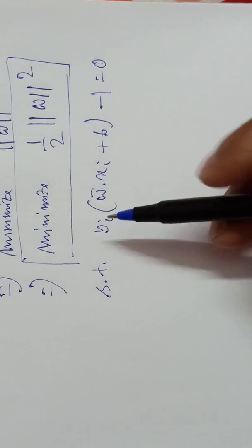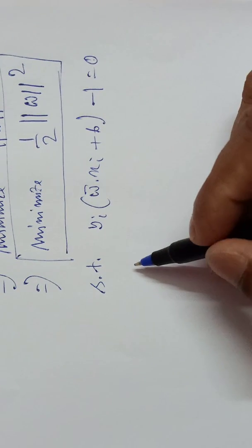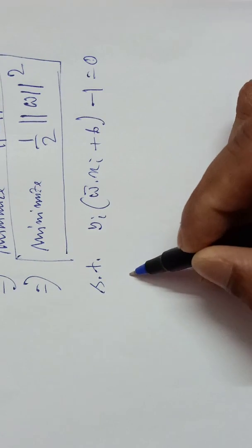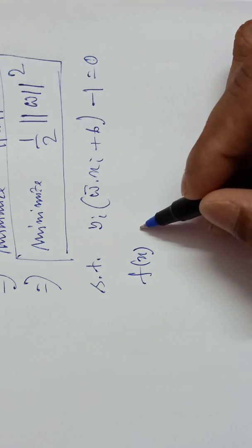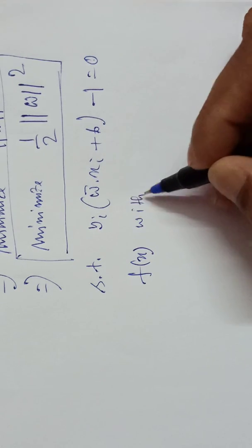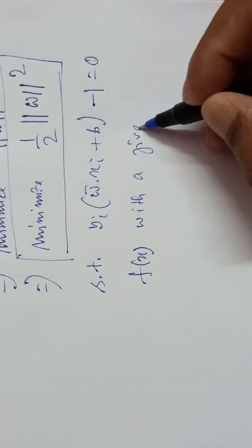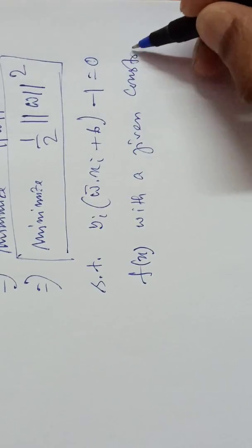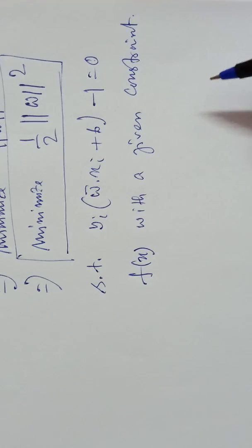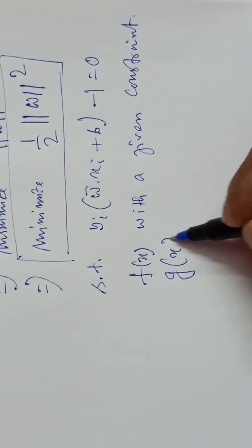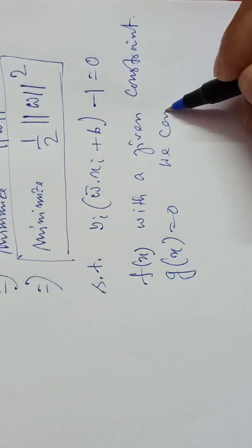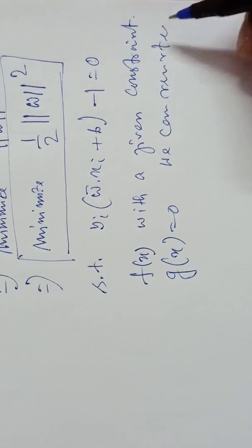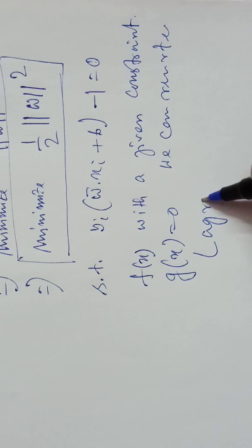Now we know that whenever we have to optimize a function f(x) with a given constraint g(x) equals to 0, we can rewrite this problem by applying Lagrange.